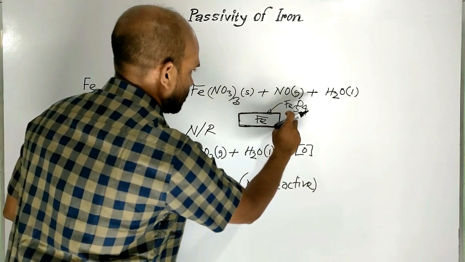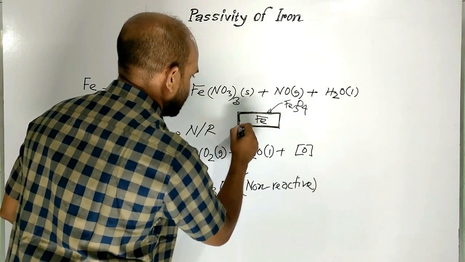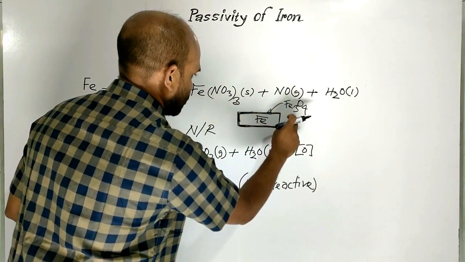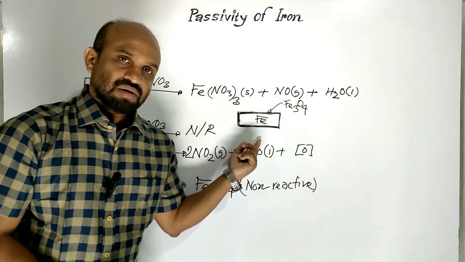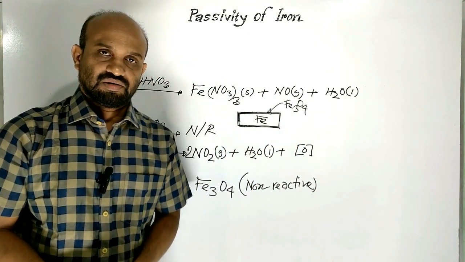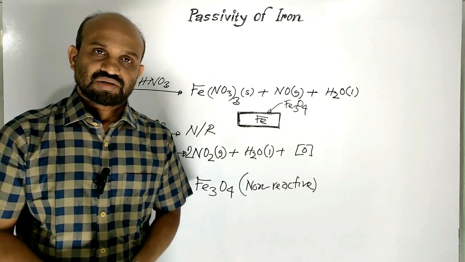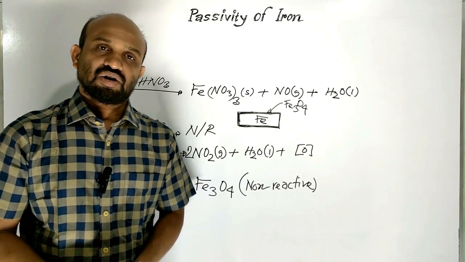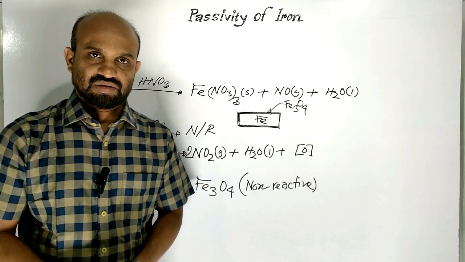Because of the formation of non-reactive layer of iron oxide, iron is protected from further reaction. Iron oxide prevents further reaction of iron with nitric acid.